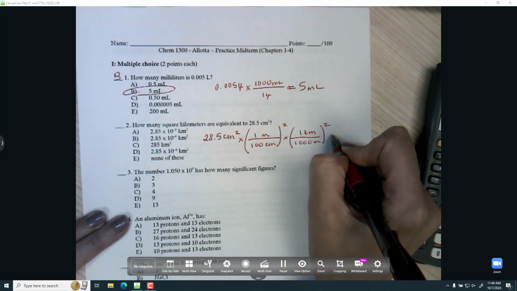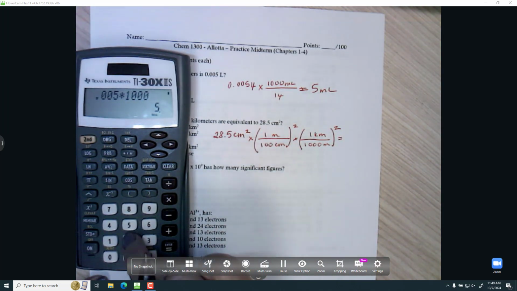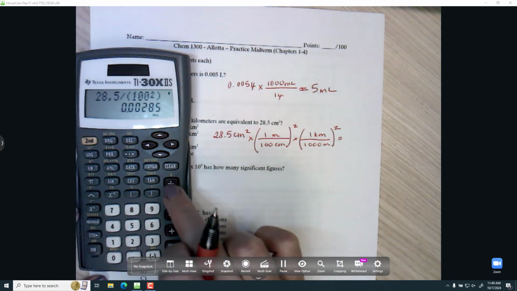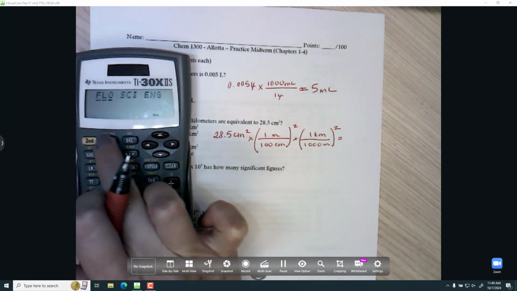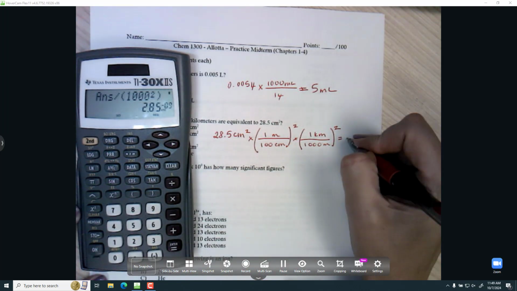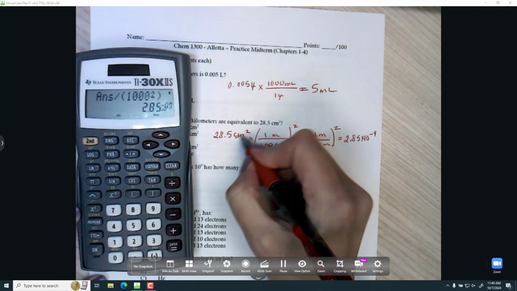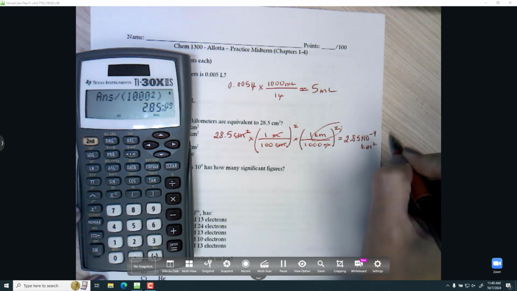So when I put this in my calculator, I'm not going to divide by 100, I'm going to divide by 100 squared. And I'm going to put that in parentheses just to make sure I do it right. And then divide that by 1,000 squared. And that's my answer. I'm going to put it in scientific notation because it's a tiny number, 2.85 times 10 to the minus ninth. And then the centimeters squared cancels, the meters squared cancel, and this would be kilometers squared.